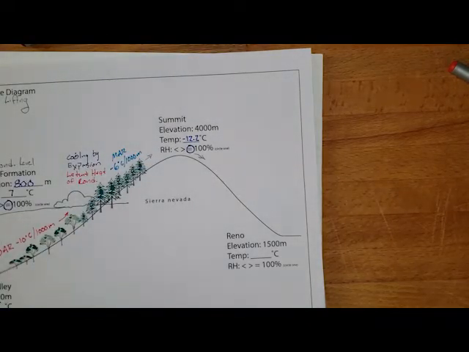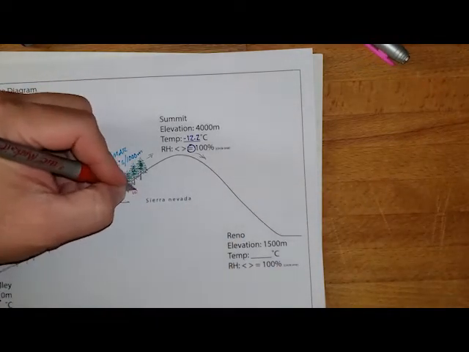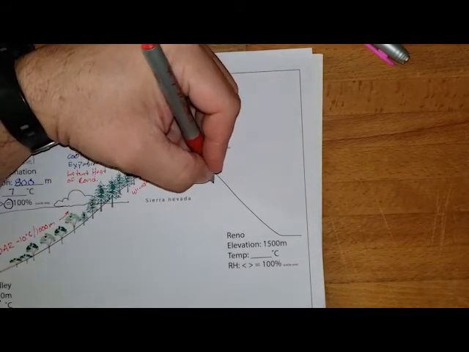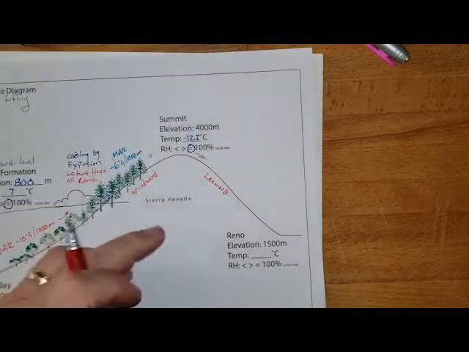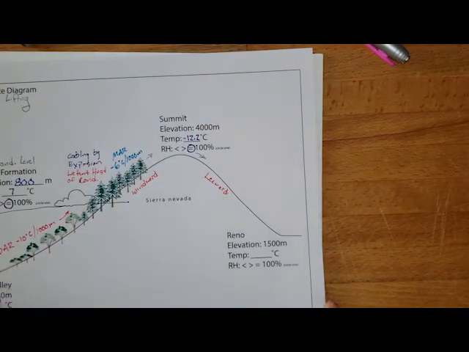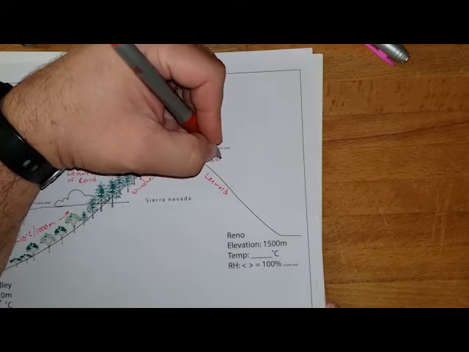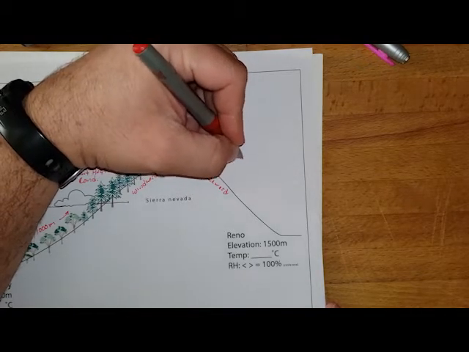Now, something happens, though, as our air parcel starts down that leeward side. Let me put that in: windward, leeward. On that leeward side, the air parcel is going down. So the parcel sinks.